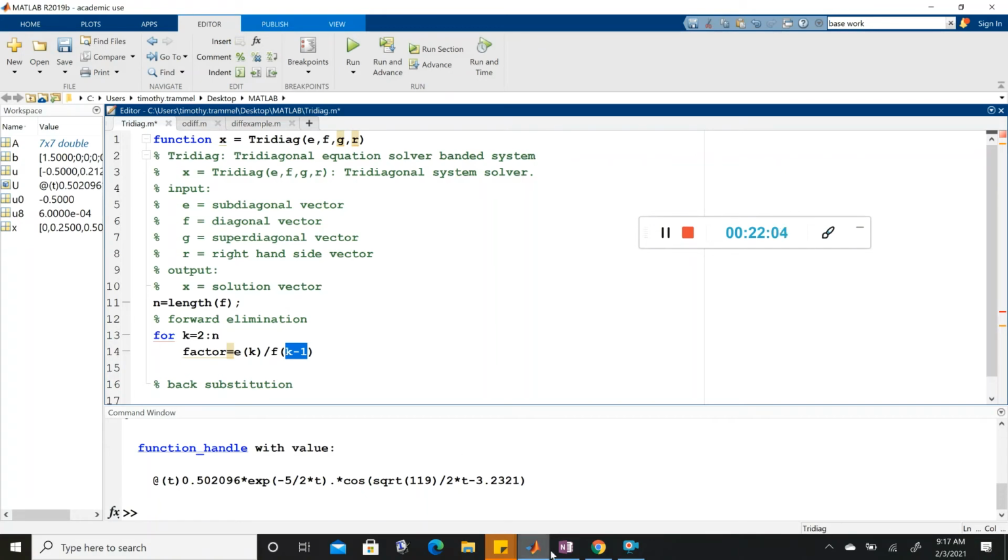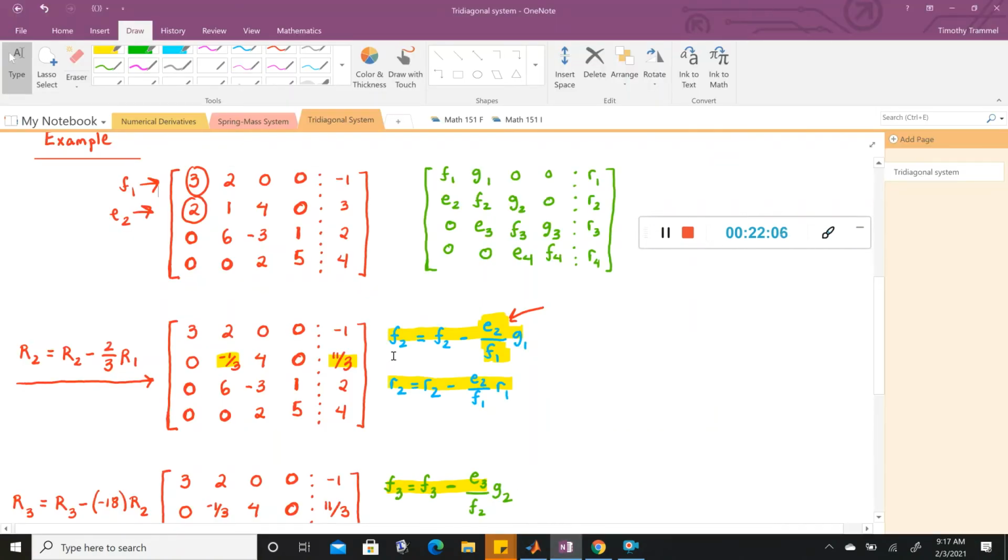If I were to go back in here, you'd see that F1 came from the row above E2. That's in part why we are calling it E2: it comes from row 2, F1 comes from row 1. So that's why the indexing is one different here.